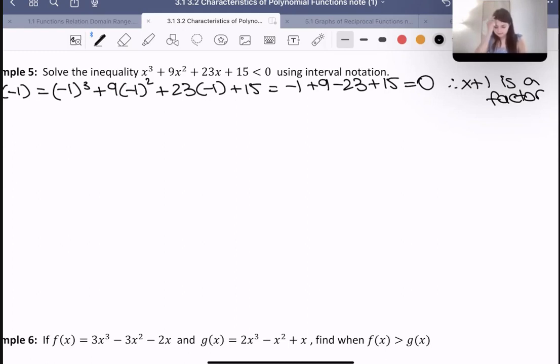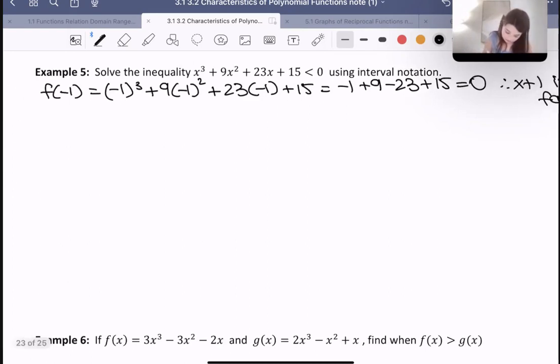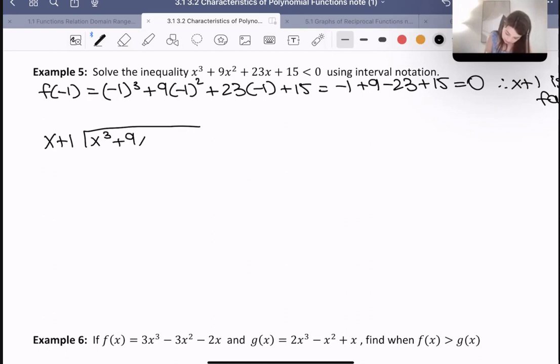Alrighty. So now that we know that x plus 1 is a factor, we've got to actually do our long division. So let's do our long division. X plus 1, x cubed plus 9x squared plus 23x plus 15, like that. Okay, how many times does x go into x cubed? Well, x squared times.